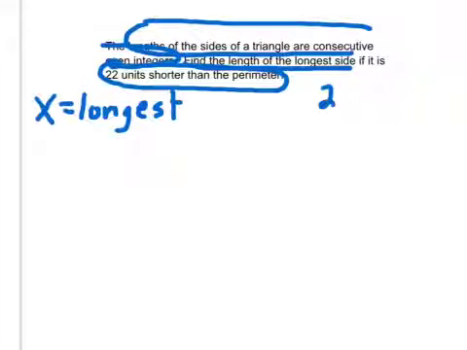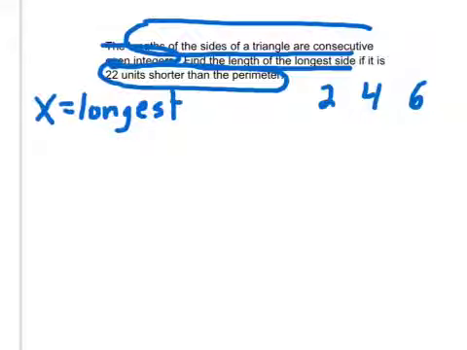So, let's think about this. The longest side, we don't know that, so we're going to make that x. I'm going to write myself just an example of 3 consecutive even integers: 2, 4, and 6. The only reason I'm doing this is because this will help me visualize how to represent the other two numbers.